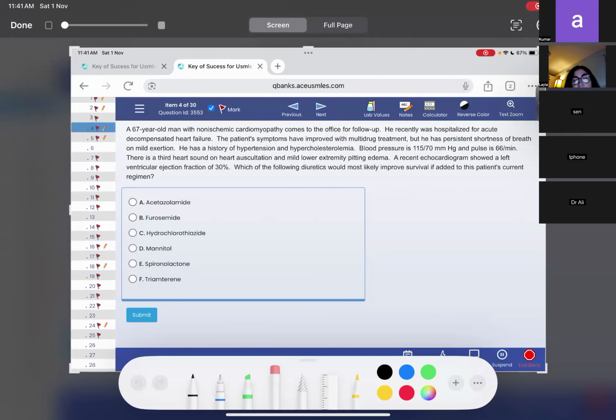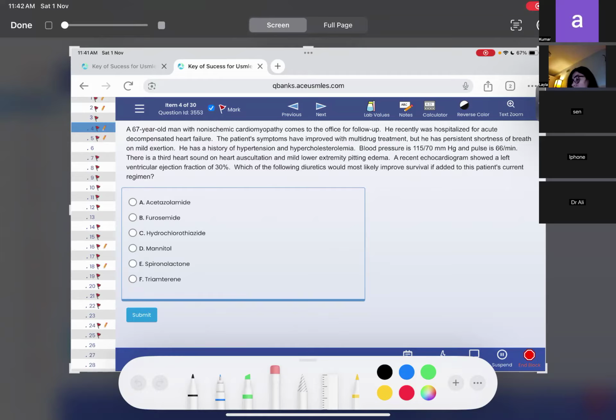Which of the following diuretics would most likely improve survival if added to this patient's current regimen? A 67-year-old man with non-ischemic cardiomyopathy comes to the office for follow-up. He recently was hospitalized for acute decompensated heart failure. His symptoms have improved with multi-drug treatment, but he has persistent shortness of breath on mild exertion.